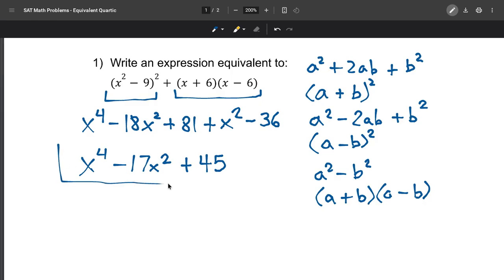And there we go. That's our equivalent form there. Now, on an SAT type test, you probably have multiple choice to choose from, and you would pick this one. All right, let's keep going and try a few different variants of this problem.